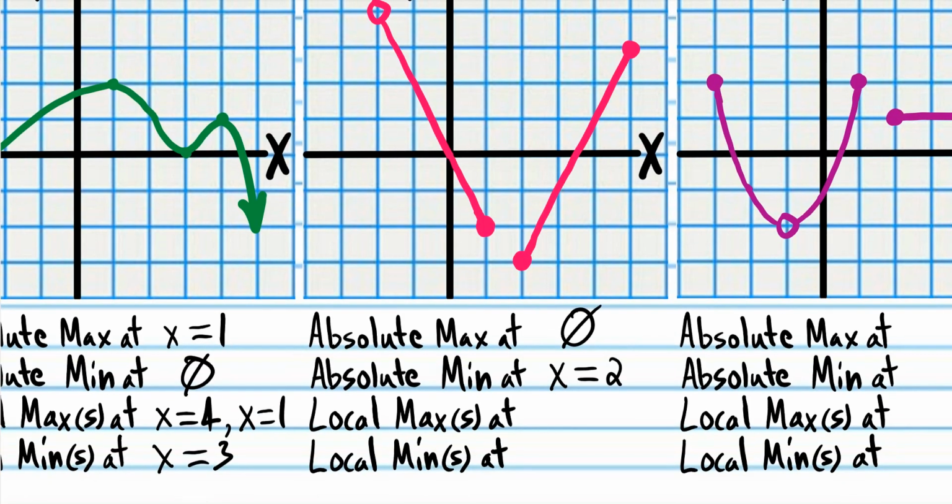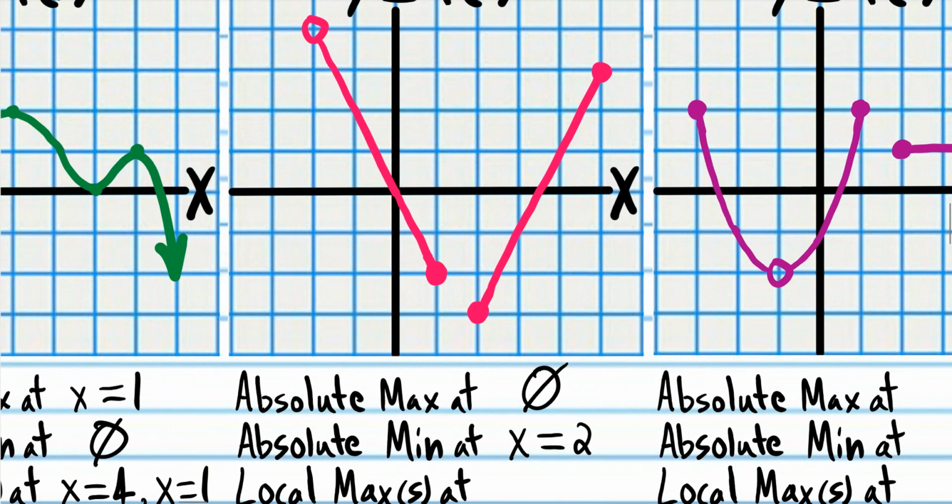Is there a local maximum value? Now here's where things get strange. Is there a point on the graph that has a y value that's bigger than the y values of the points around it? You might say, well, yes, this is a local maximum here.